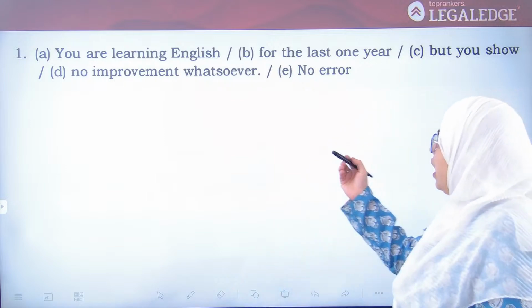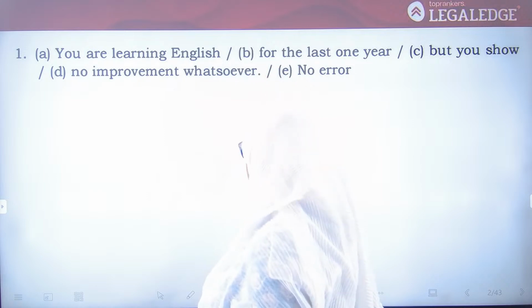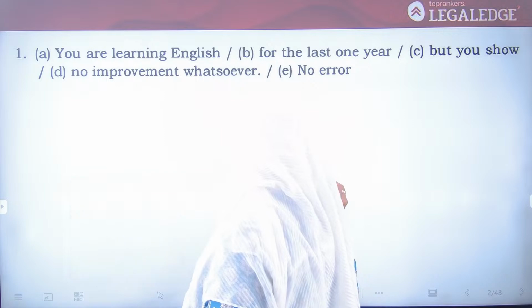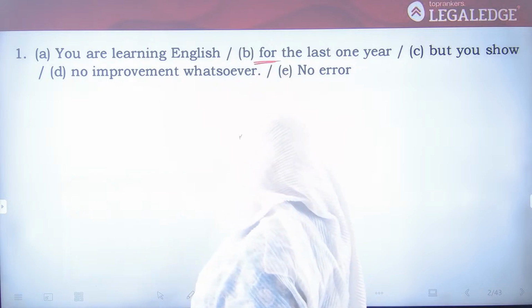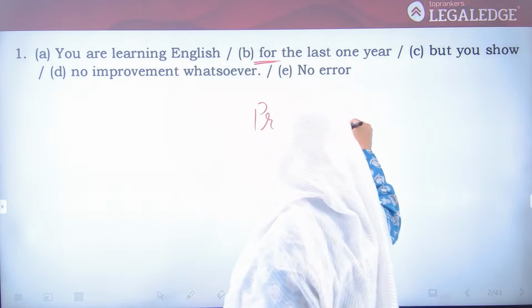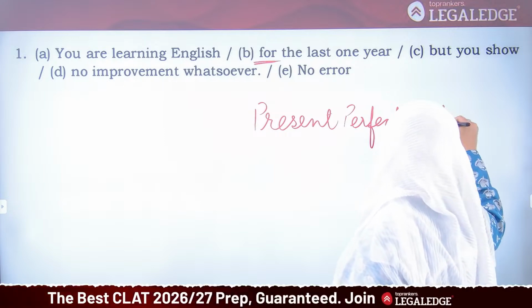Okay, I hope you must have identified the erroneous part. Since "for" is given, here it is present perfect continuous tense.